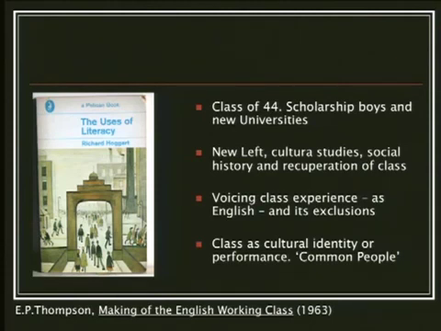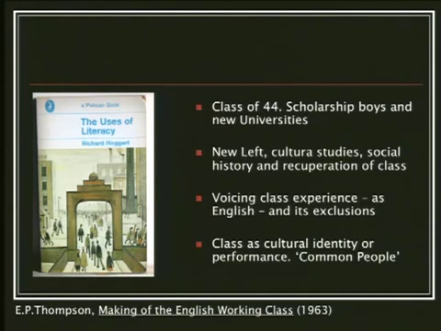Now, it wasn't just people like Lowry, like Hoggart, who received this new type of education out of their class. The expansion of the university system in the 1960s meant that for the first time you have members of the working class going to university in very small numbers.